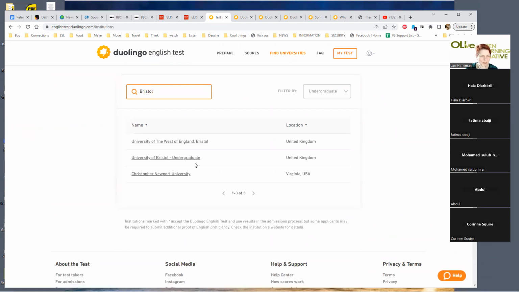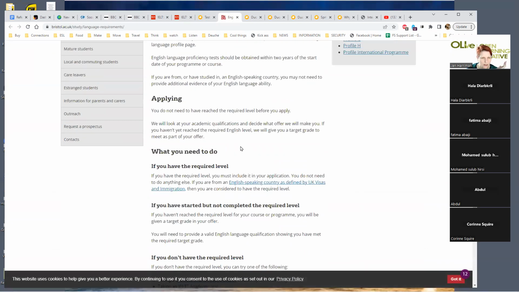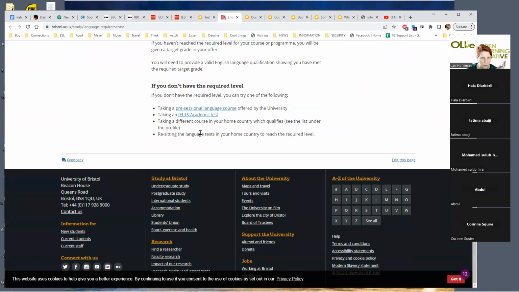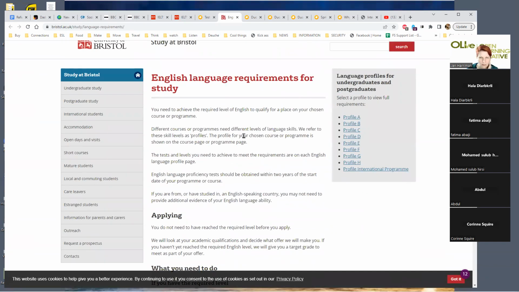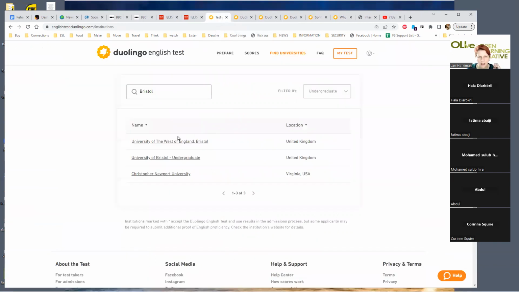So we've got Bristol, so University of Bristol accepts it. If you go there, you can find out what kind of score you need. So you could go to the link straight to the university. And most of them require 135.